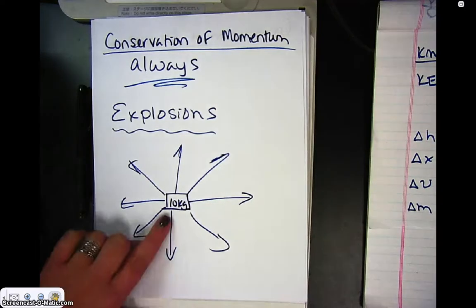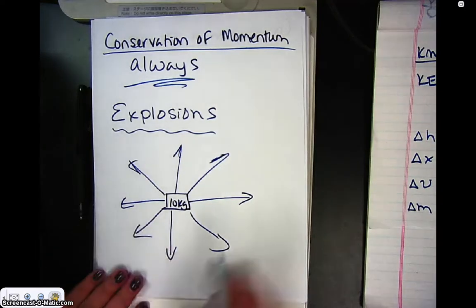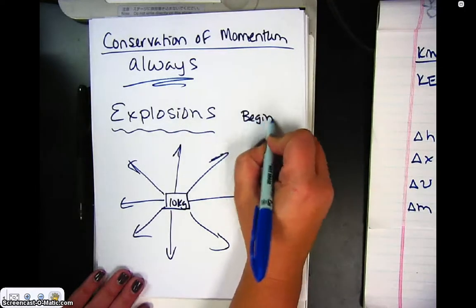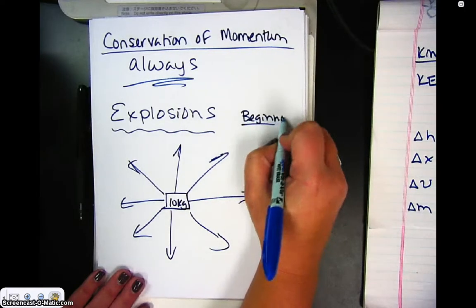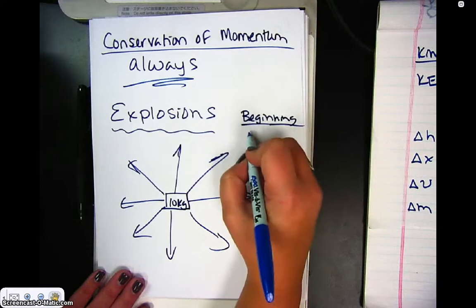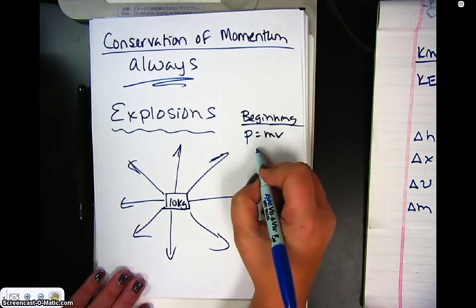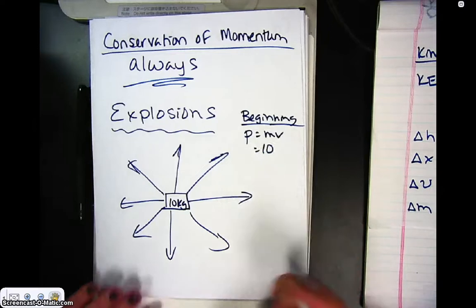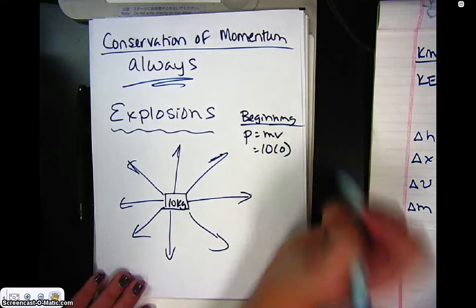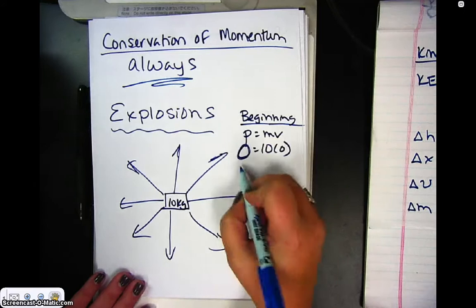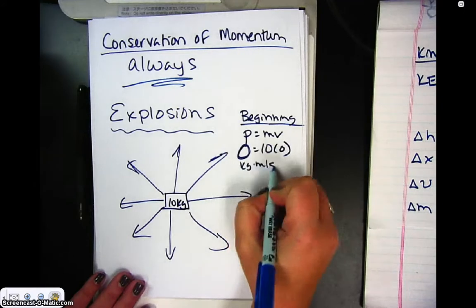At the beginning, before the explosion, if we were to calculate the momentum, momentum is mv, so the mass is 10, and the object is not moving, so the velocity is 0, so the momentum is actually 0 kilograms times meters per second.